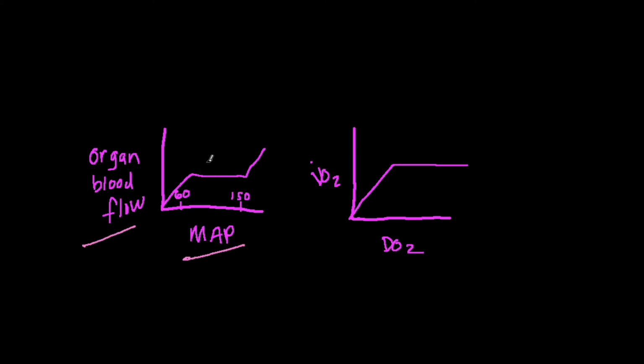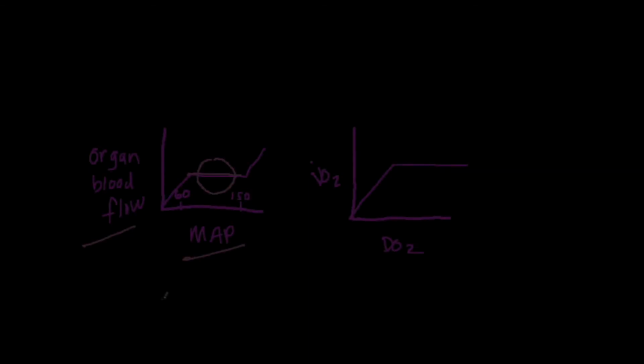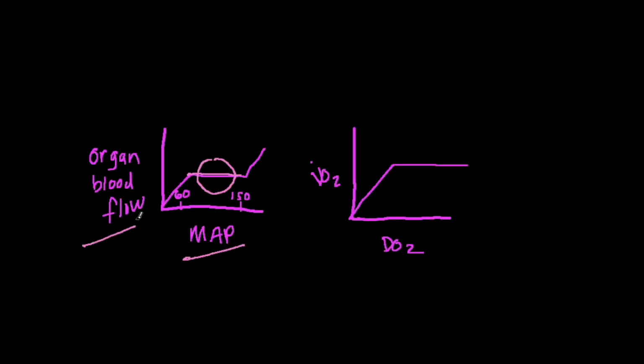And as described, if you are in this range here, the flat part of that curve, then your body is perfectly good at maintaining very constant blood flow through your end organs without any disruption in blood flow or cellular health at all. So everybody's blood pressure is a little bit different.